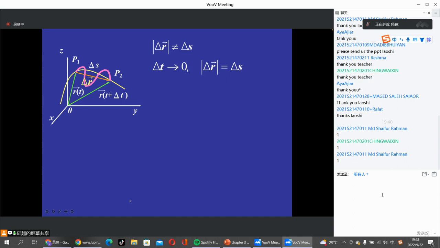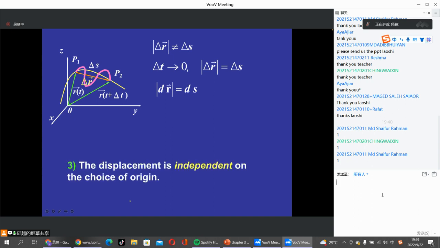So when delta t is very close to 0, we can assume that the length of the displacement equals delta S. And we can also see dr equals ds. And the third one, the displacement is independent of the choice of origin.